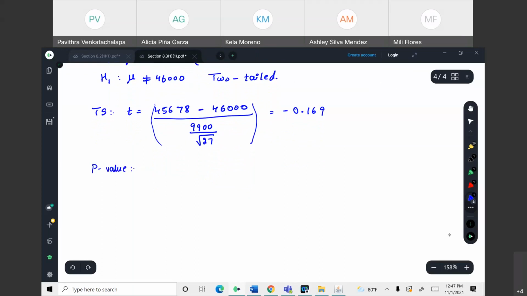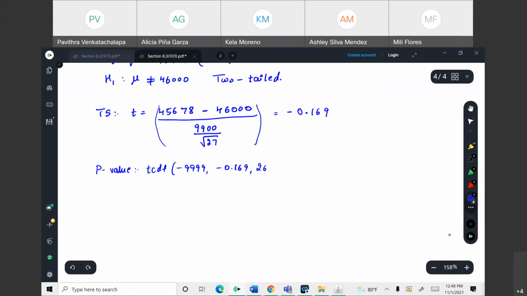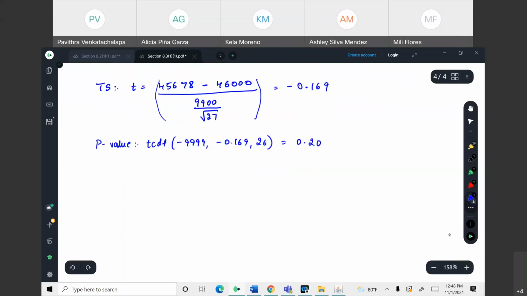So once you do this, all you have to do is calculate the p-value. You just have to use TCDF, negative 999, negative 0.169, and the degree of freedom will be 27 minus 1, which is 26, and you get 0.20. So your p-value will be 0.20. Okay.